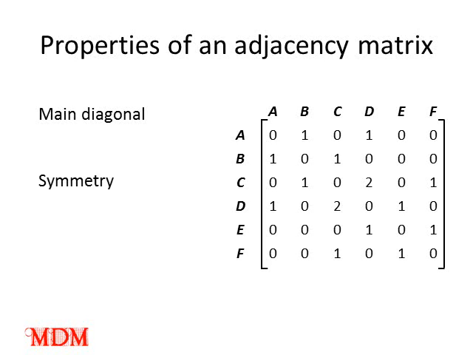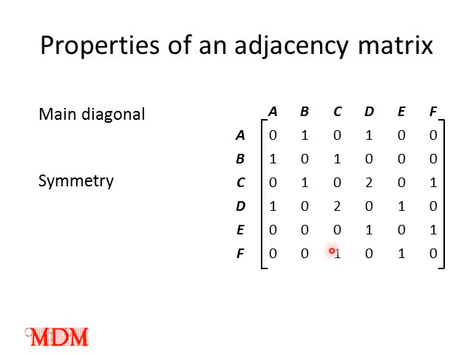What about symmetry? Do you see any symmetry in this matrix? The line of symmetry is that main diagonal, because as you look at entries on either side of that main diagonal, they match up.